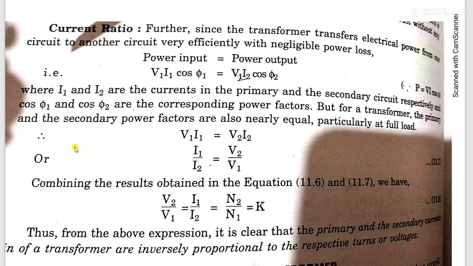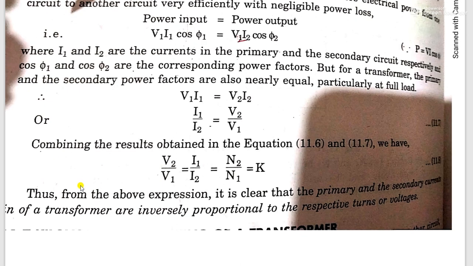That's why we can write V1 times I1 equals V2 times I2. So we get I1 upon I2 equals V2 upon V1. Combining the results, V2 upon V1 equals I1 upon I2 equals N2 upon N1 equals K, and this expression is called the current ratio.